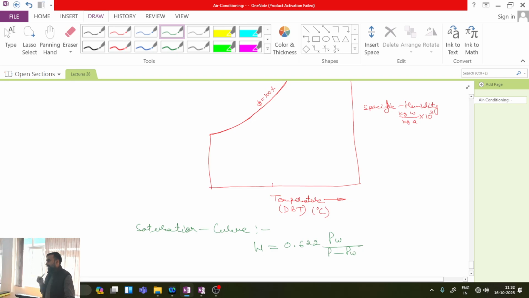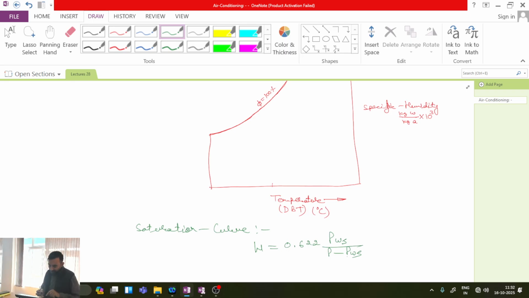But I also know that if I need to calculate for saturated air, then PW will become PWS. For saturated air, PW will become PWS. All are agreeing to this point?